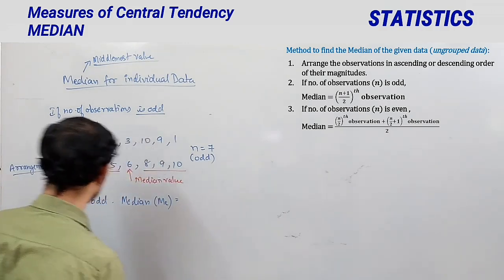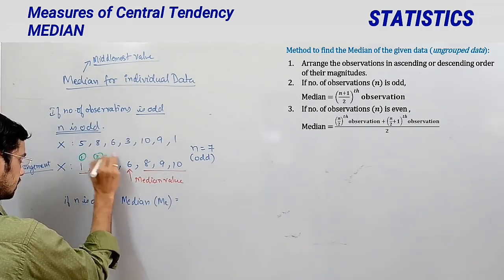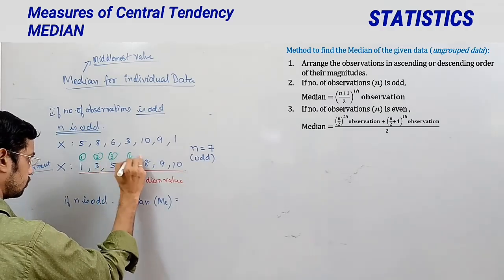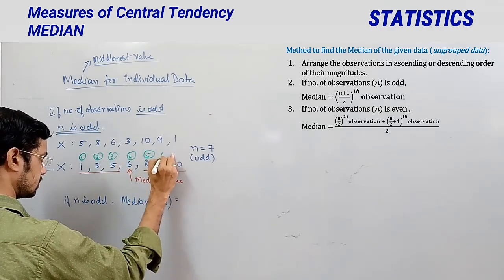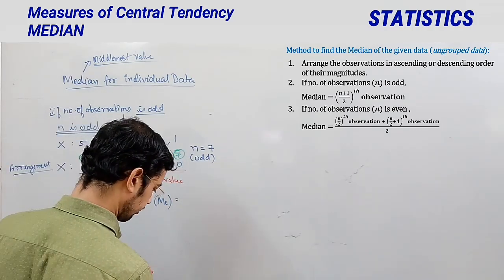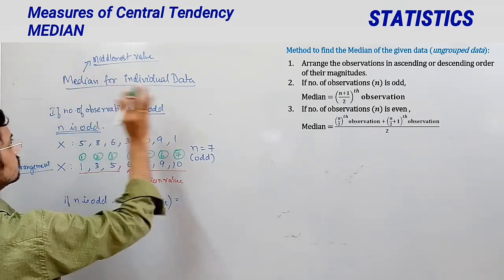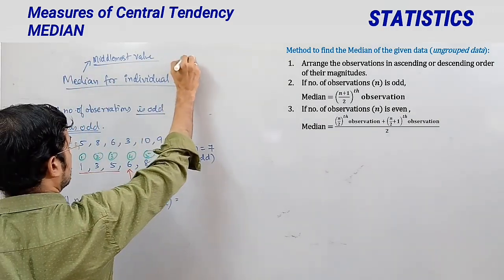This is the first position, second, third, 4th, 5th, 6th and 7th position. Median is a kind of positional average.